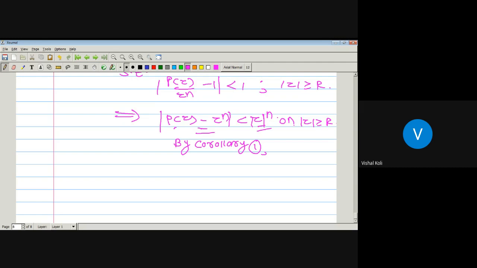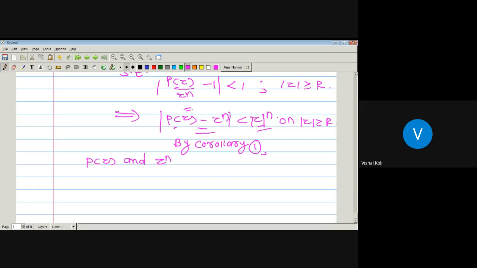In corollary first, if f and g are two analytic functions in the neighborhood of a closed disk centered at a with radius R, and modulus of f plus g is less than modulus of f, then the functions f and g have the same number of zeros.